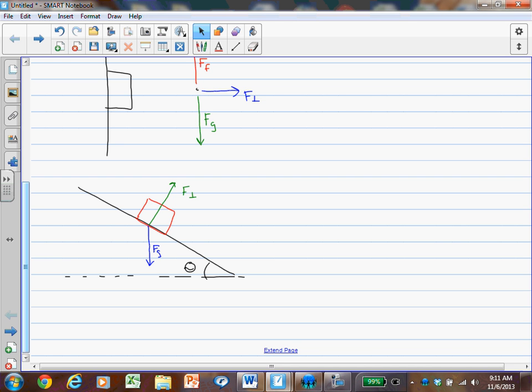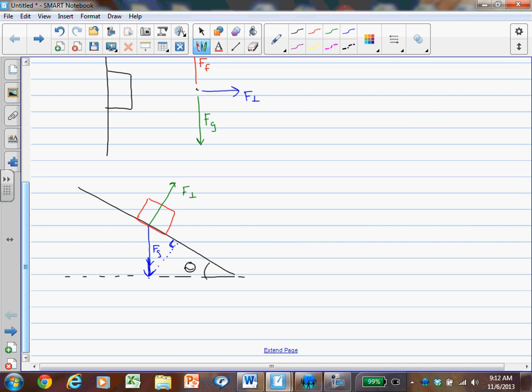Just like we did when we looked at the value for g on a plane and we got g sine theta, we could do the same thing with our Fg. Just extend Fg down and make it a little easier like that. And then here's a 90-degree triangle.